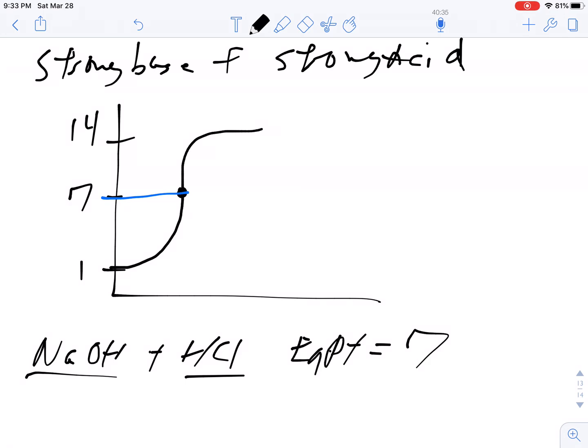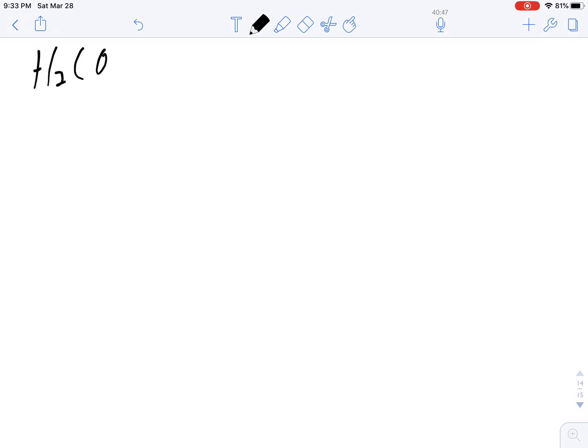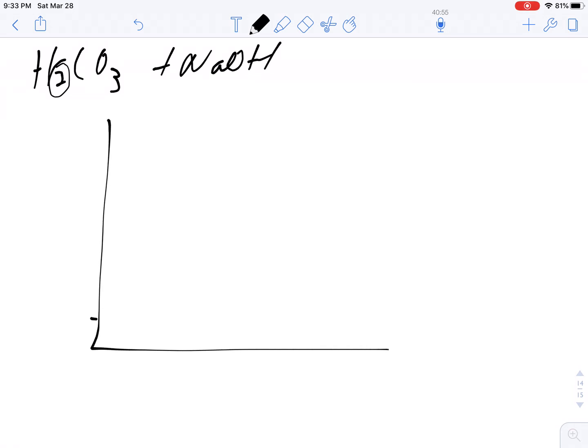I suppose I feel obligated to just draw out what happens if it's a diprotic acid. Suppose you did carbonic acid. It's got 2 protons, and you titrated it with a strong base. Well, same thing happens, like I just said. If you titrate a weak acid with a strong base, the equivalence point is always in the basic region.